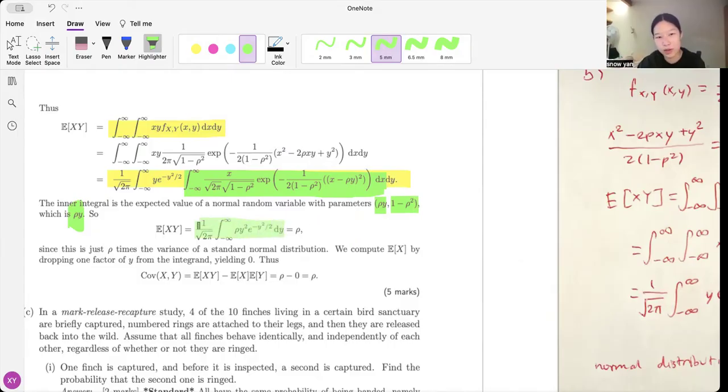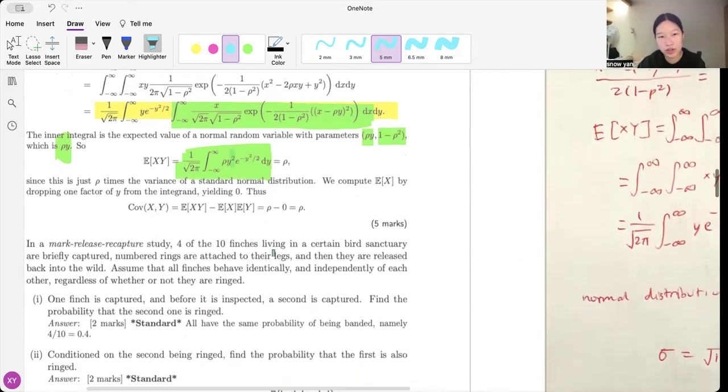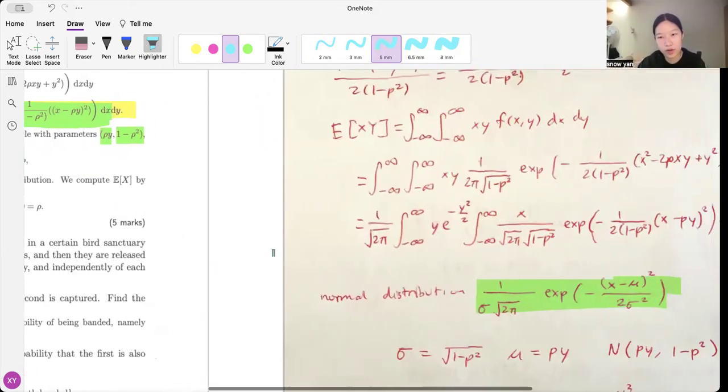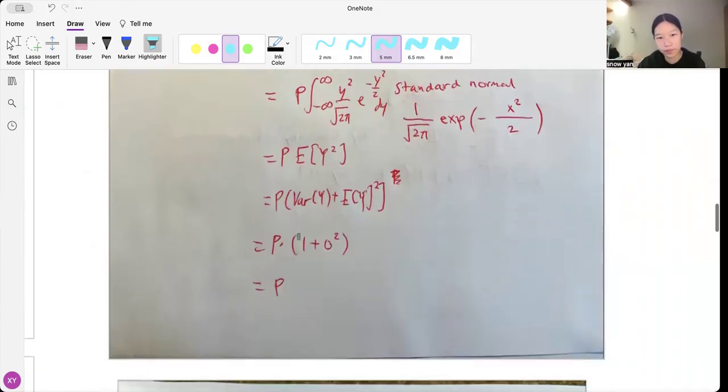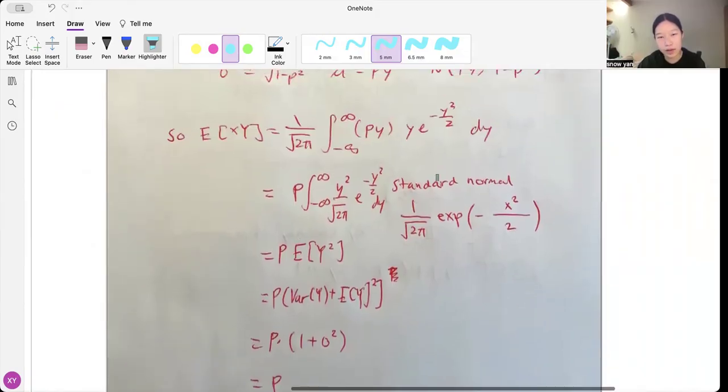Now we're down to this expression. This again looks like a normal distribution, except that here it's the second moment, because there's a y squared. So this exactly matches the form of E of Y squared. Over here, this is the standard normal, where mu is 0 and the standard deviation is 1, and we get this form.